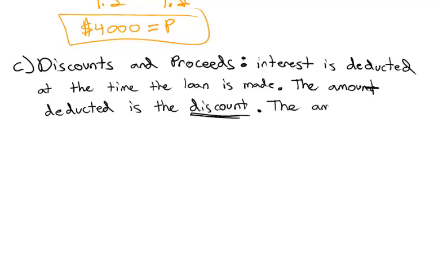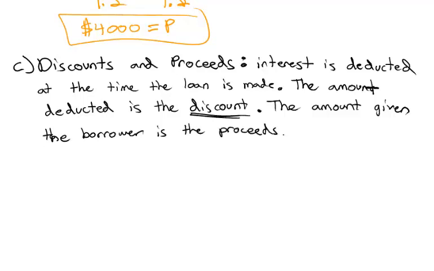The amount given to the borrower is the proceeds. So that's my $100. Again, I write a $110 check, $10 discount, I get $100 proceeds.